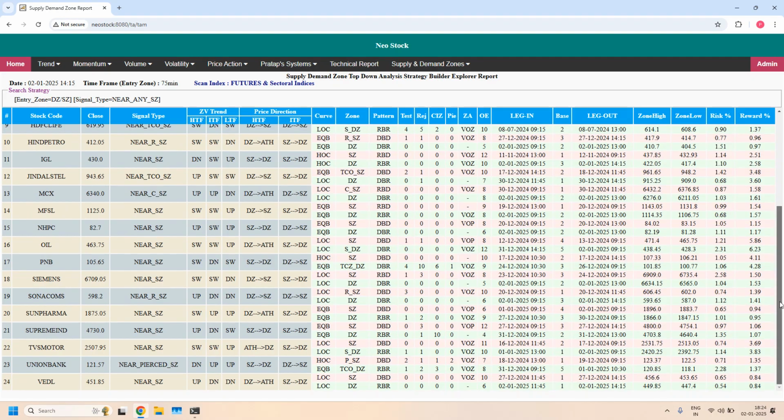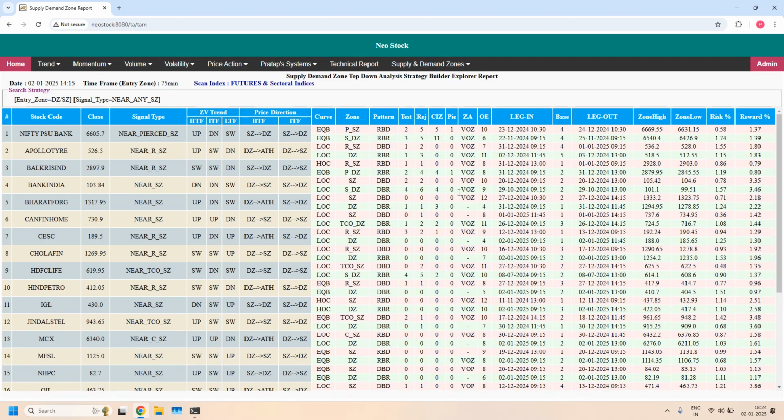Now let us identify high liquidity zones from this list. Apollo Tyres is having a high liquidity 75 minute supply zone.